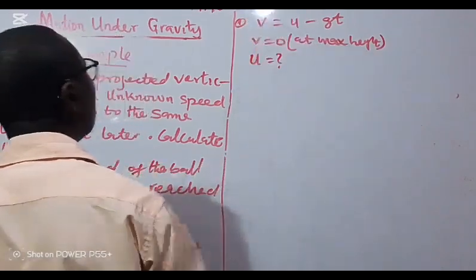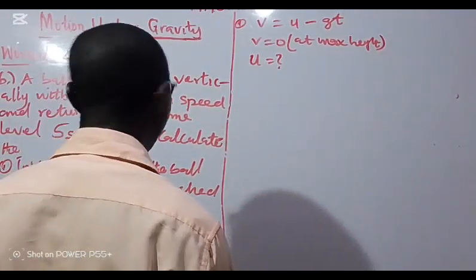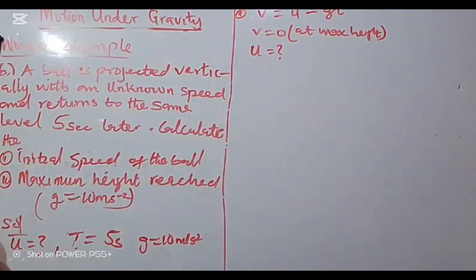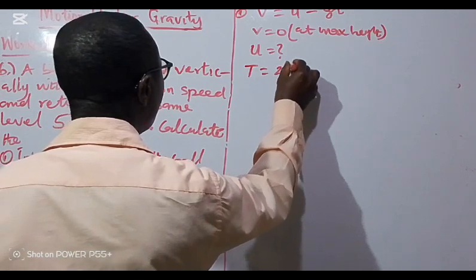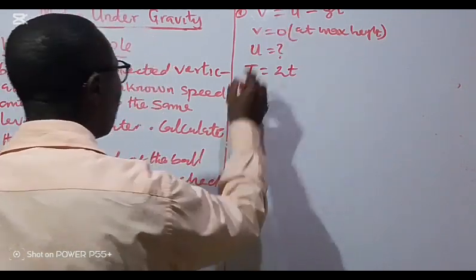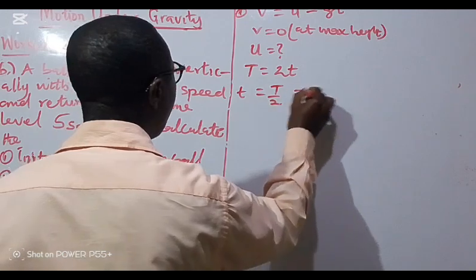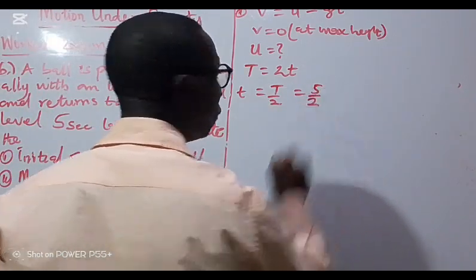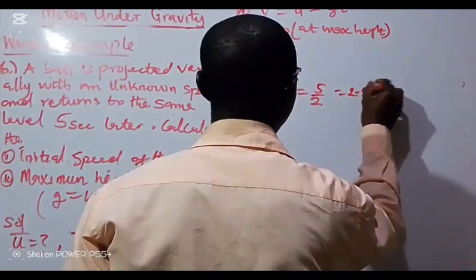g is given as 10 meters per second squared. Now, don't forget, capital T is given, that is the time taken to return. So capital T is equal to 2t. So our small t there is equal to what? Capital T over 2. That will be 5 over 2, which gives us 2.5 seconds.